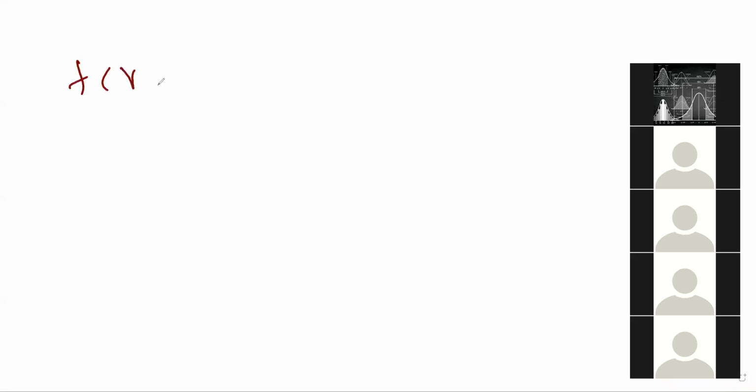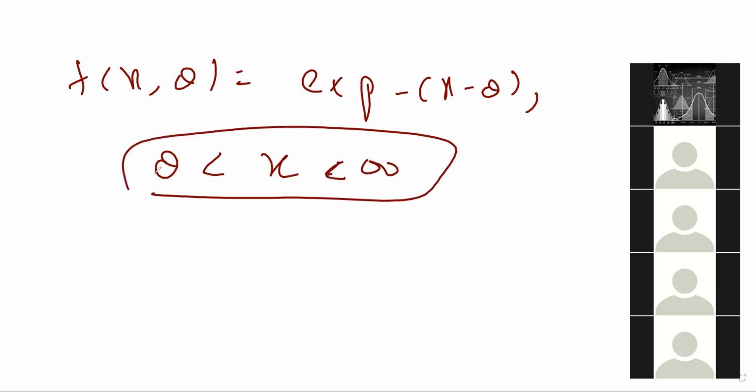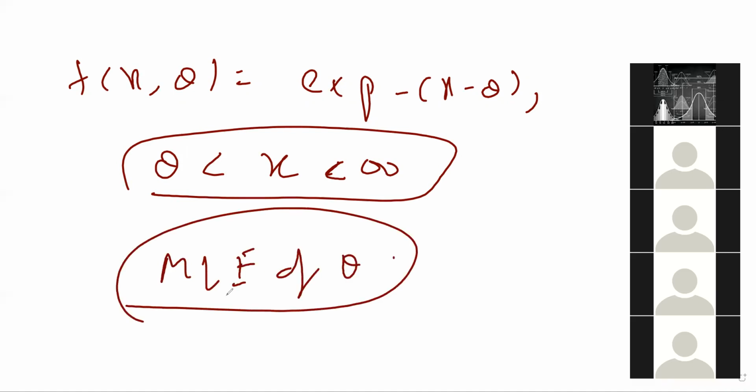Now there is one more question. f of x, theta equals exponential of minus (x minus theta). Then what will be the MLE for this? First tell me, in this case can we take log L, differentiate, and get the MLE for theta?